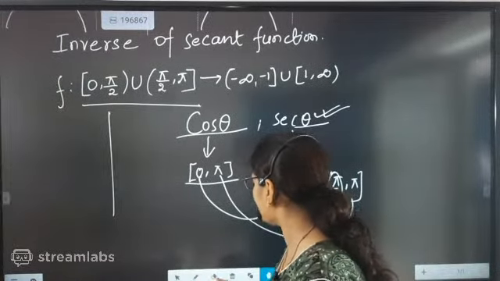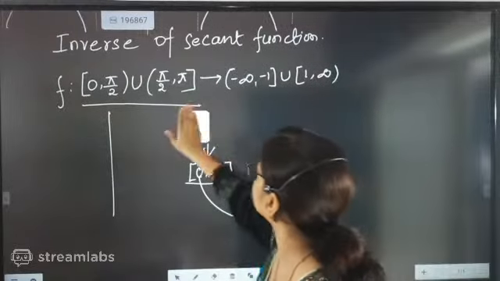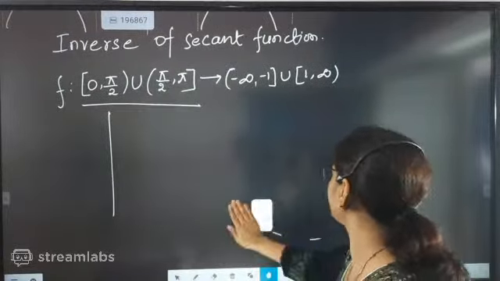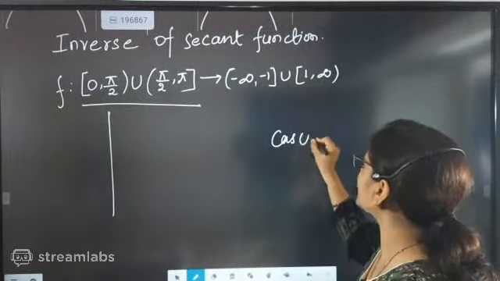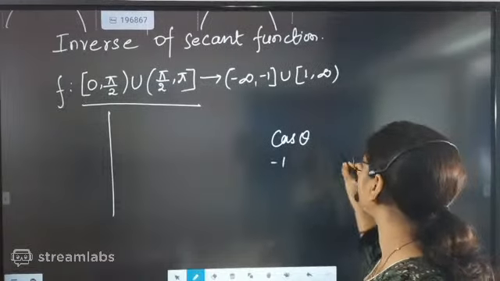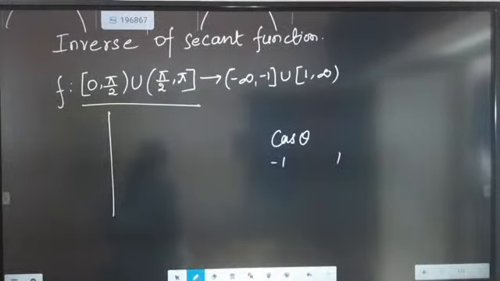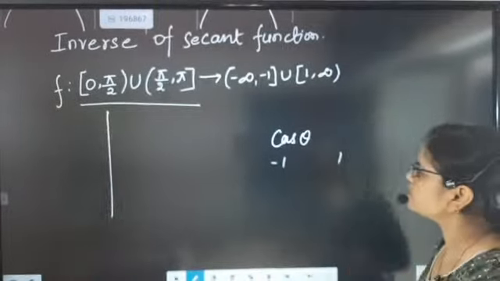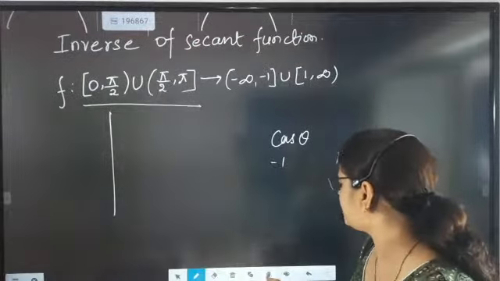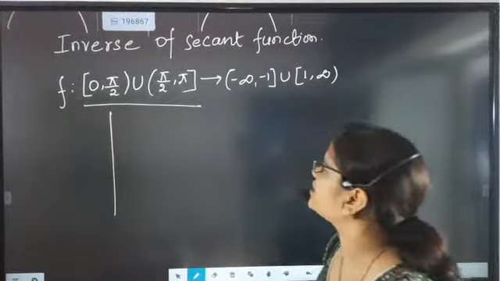Now there is one more change. If you have understood this part, then we know that the cos theta value lies between minus 1 and 1. So what change do we need here?